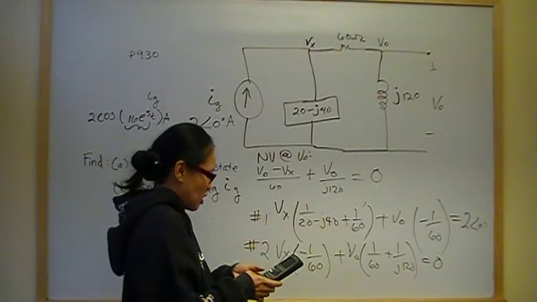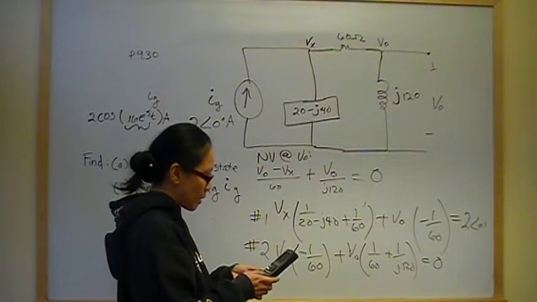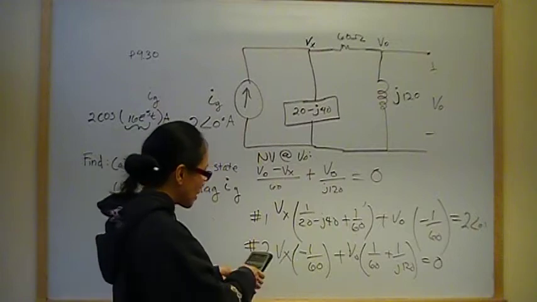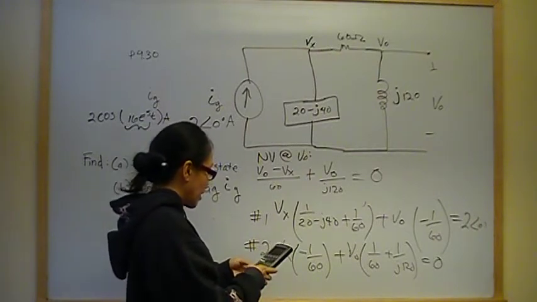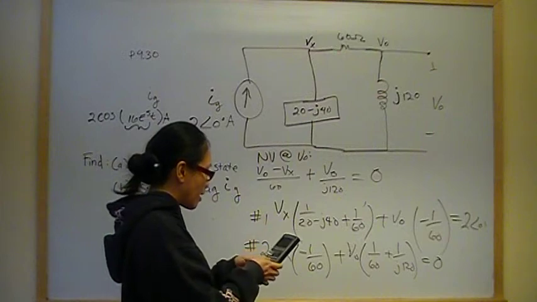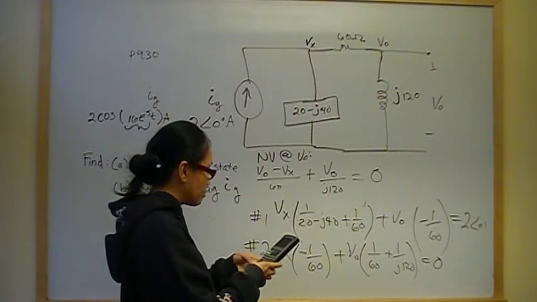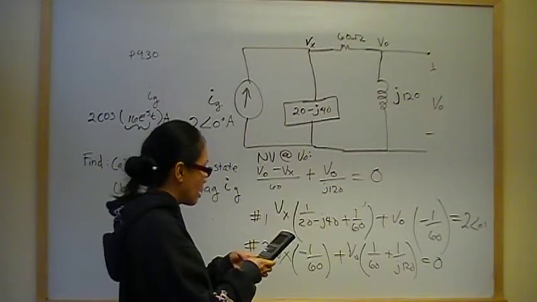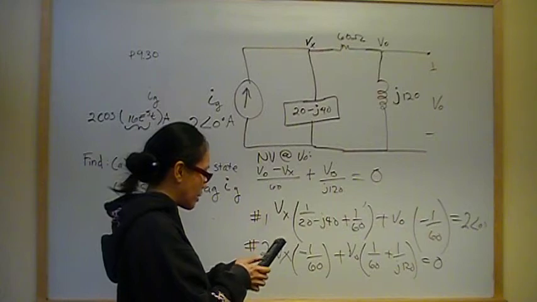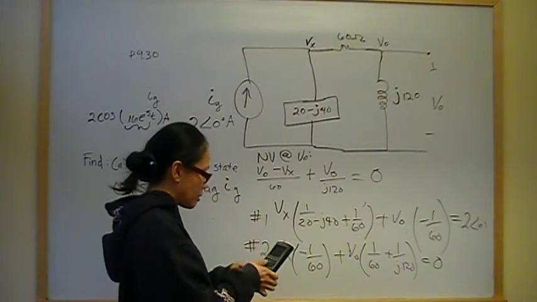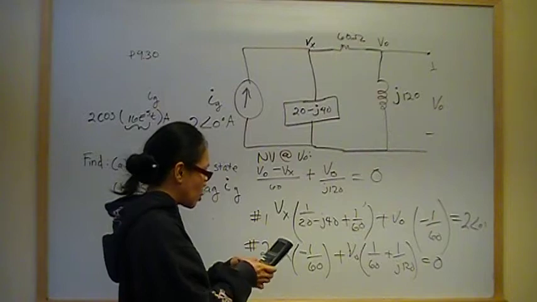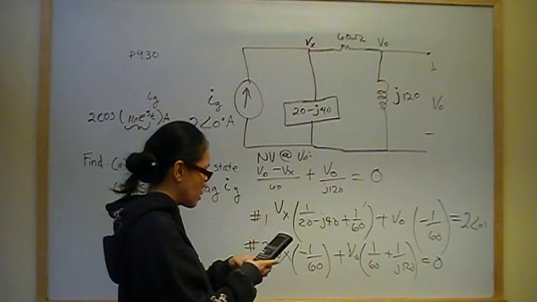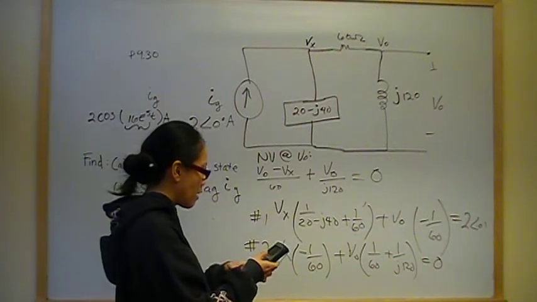So 2 angle 0, which is actually really just 2, but just for completeness of the problem, we enter 2 angle 0 degrees, enter. And then down here we have negative 1 over 60, enter, and then 1 divided by 60 plus 1 divided by parentheses J120, close parentheses, enter, 0, enter, F5.